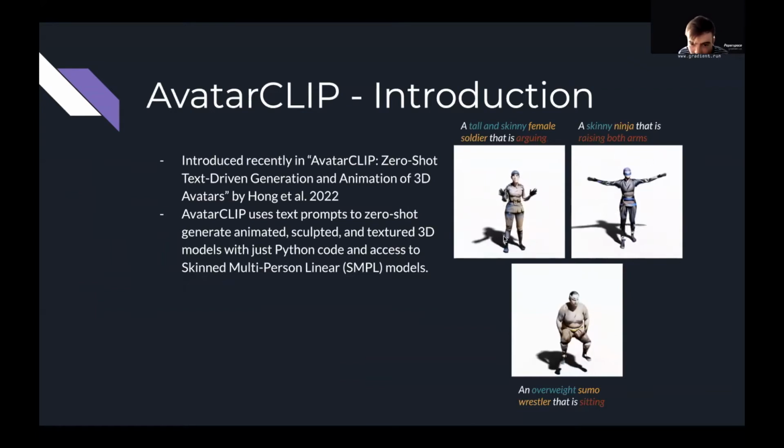We can clearly see that they're wearing something like military fatigues and a feminine body shape, and they're making hand motions to give us the idea that they are arguing. The next one is a skinny ninja that is raising both arms. We can see that this figure is also thin, and they are raising up their arms above them. And finally, an overweight sumo wrestler that is sitting.